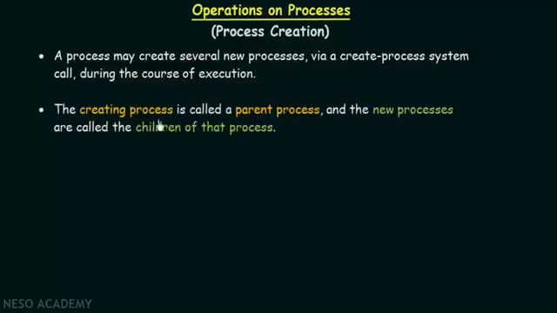So the creating process is called a parent process, and the new processes are called the children of that process. As I told you, one process can create many other processes under it during its execution.